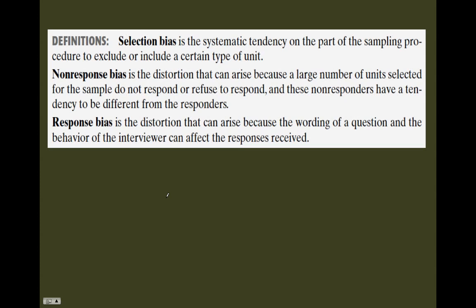The other kind of bias we can get is called non-response bias, and this happens a lot in volunteer samples, where people are solicited to respond, and there's not necessarily any kind of follow-up to ensure that the entire group identified to be sampled is actually included in the sample. I'll give you an example.